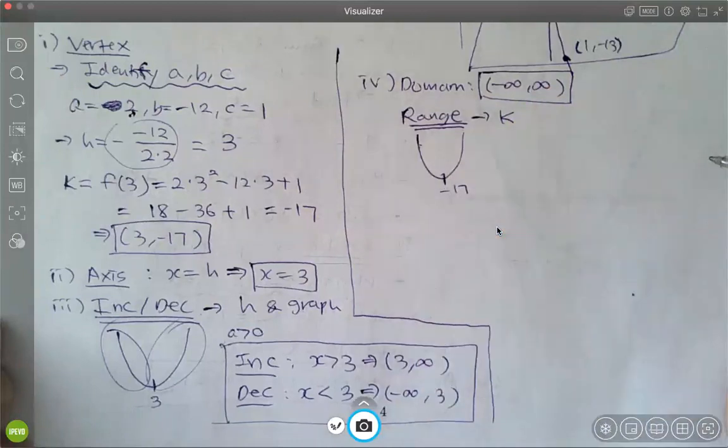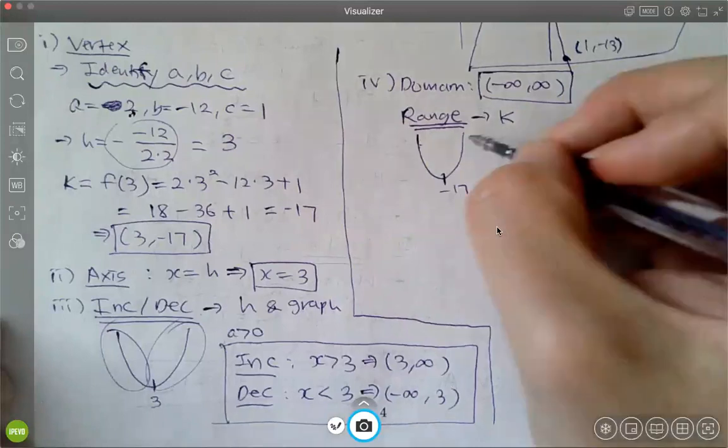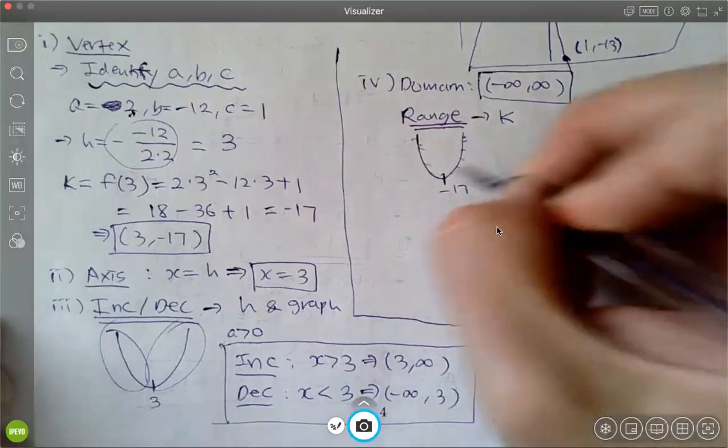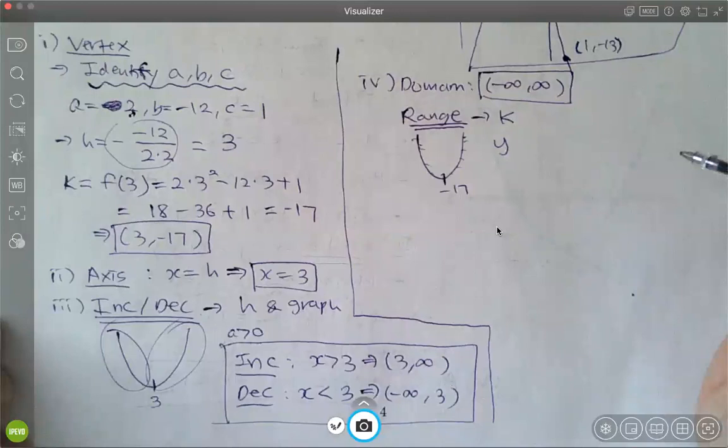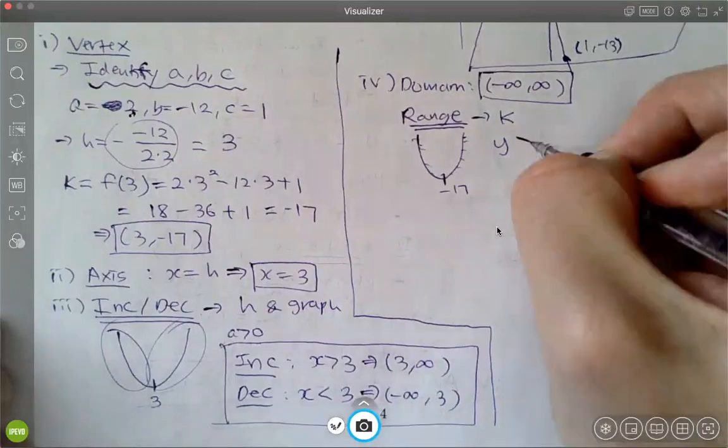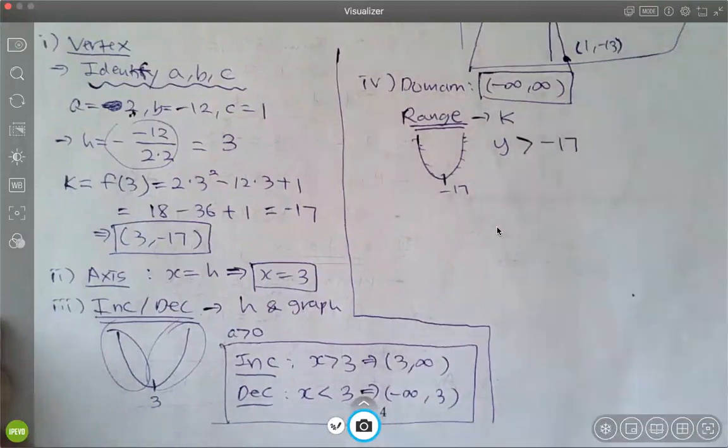And this time, where are all the y values? They lie above the vertex, right? So that means y has to be greater than negative 17. Can it be equal? Yes. Okay. So what's the interval notation?